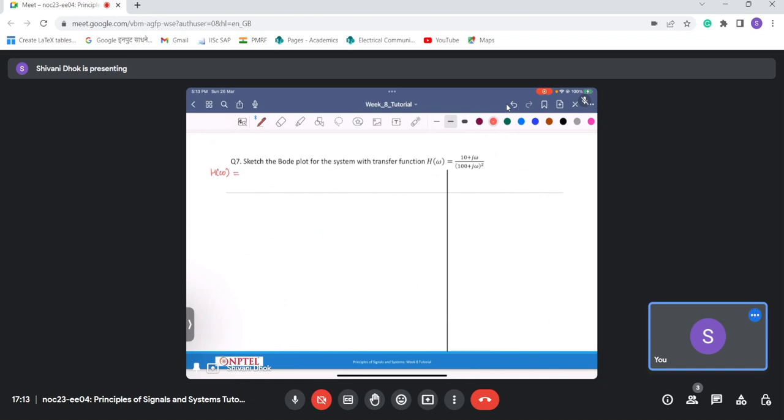is equal to 10, I'll take common, (1 + jω/10), whole divided by 100² I'll take common, (1 + jω/100)².